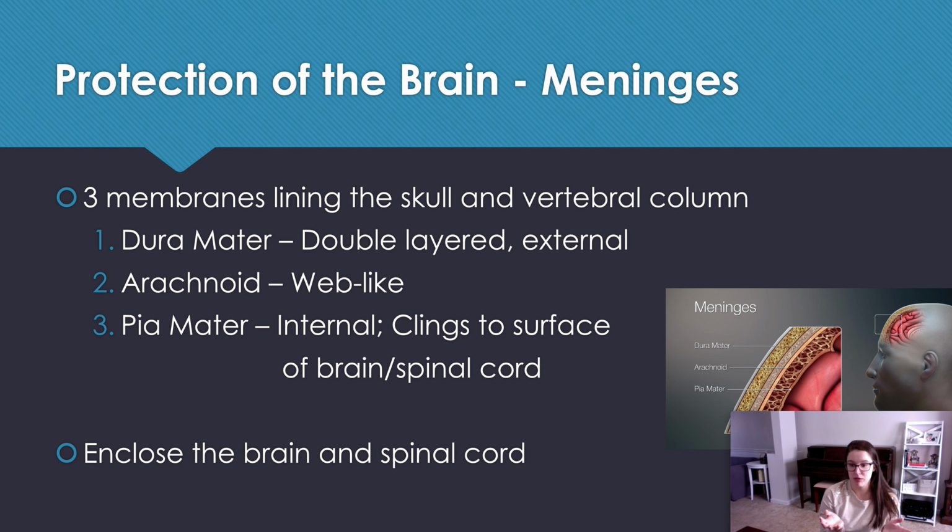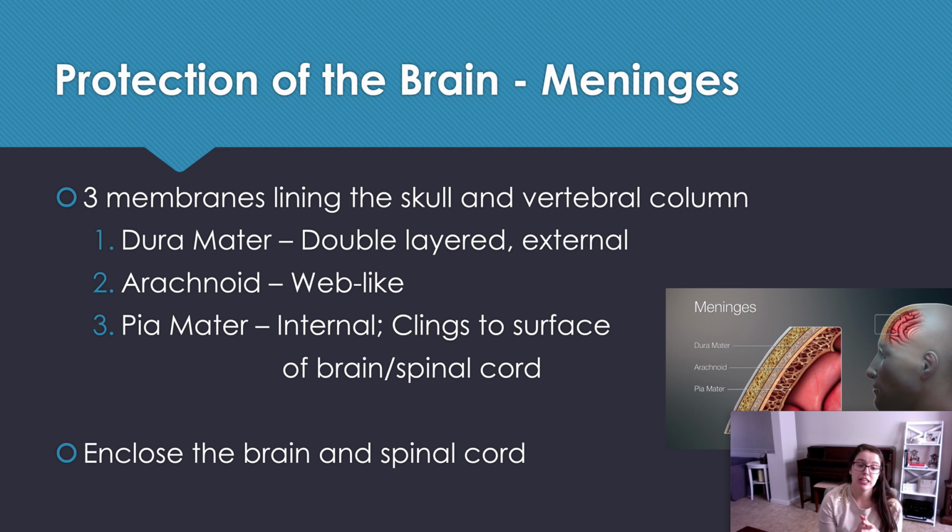That's called the subarachnoid. The subarachnoid space is important because you're going to have fluid circulation through there of CSF, the cerebrospinal fluid, and it might also be a place where there's blood collection if there are injuries such as hemorrhage or contusion. Finally, we have the pia mater.